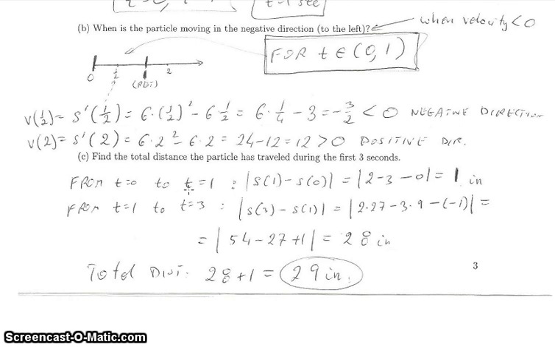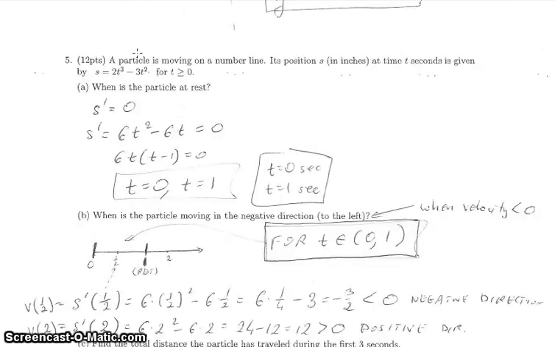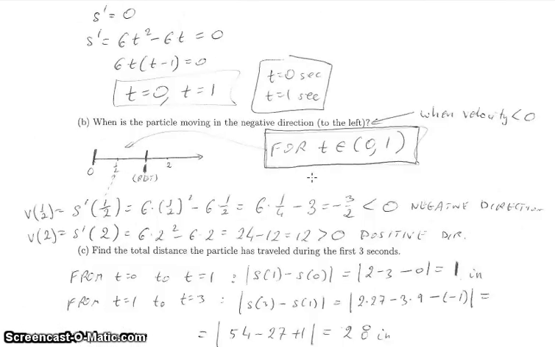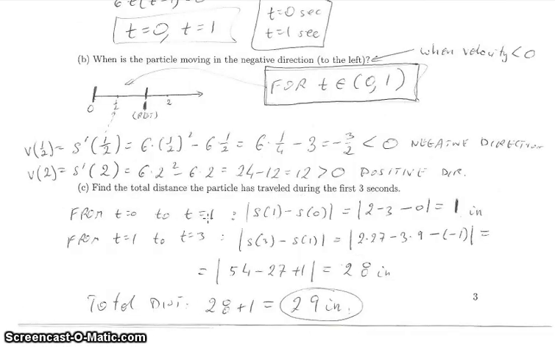From t equals 0 to t equals 1, it moved 1 inch. How do I find it? I just find the difference between the positions of the particle. I evaluate our original function s at 1 second, evaluate it at 0, find the difference, and take only the positive difference. That's why I have the absolute values around it.